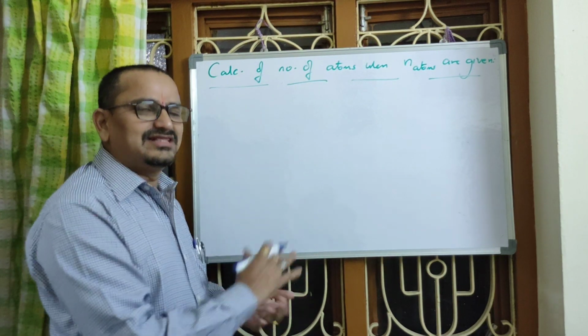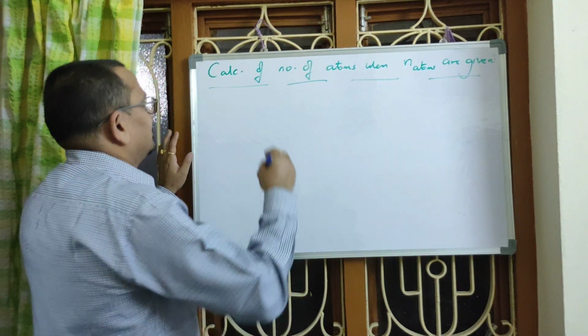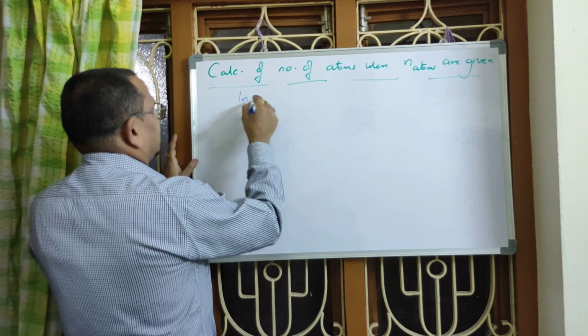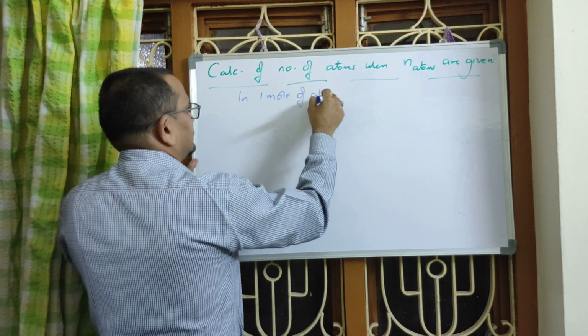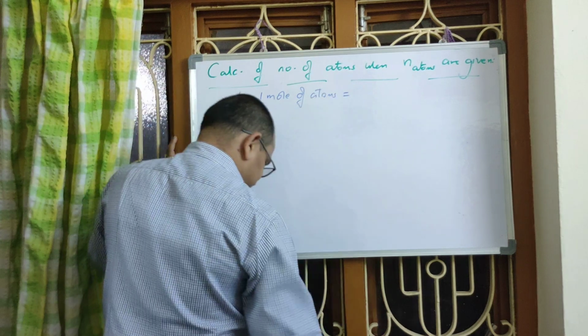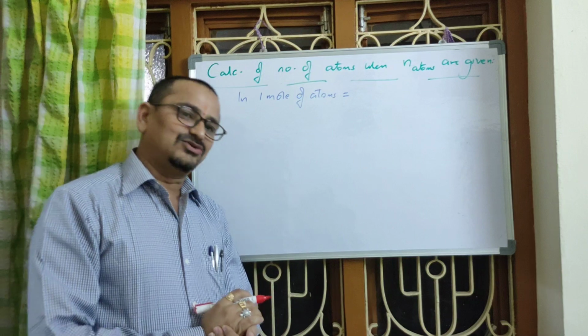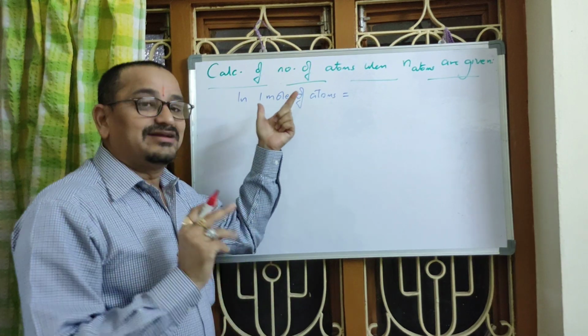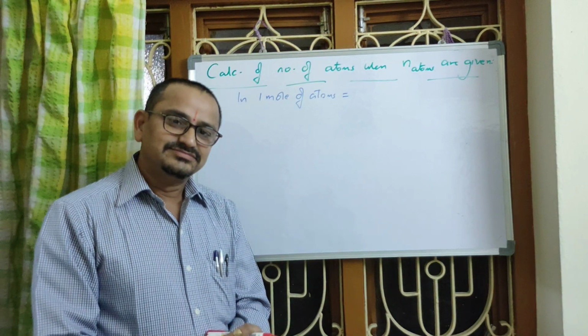Instead of directly giving the formula, let us derive the formula on our own. Suppose you are given 1 mole of atoms. My question is, 1 mole of atoms contains how many atoms?